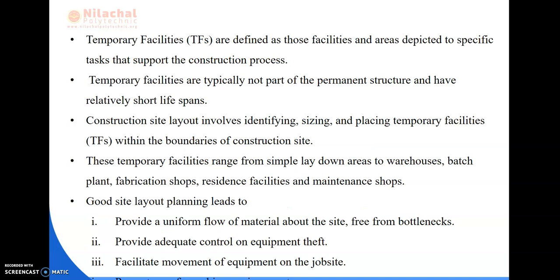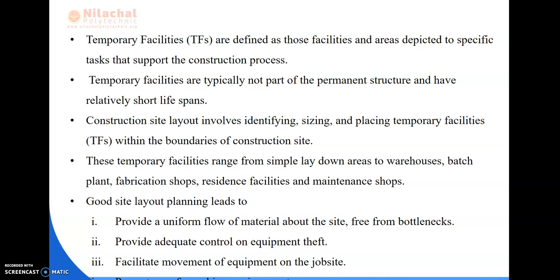Next, temporary facilities are defined as those facilities and areas devoted to specific tasks that support the construction process. Temporary facilities are typically not part of the permanent structure but have relatively short lifespans. Construction site layout involves identifying, sizing and placing temporary facilities within the boundaries of the construction site.